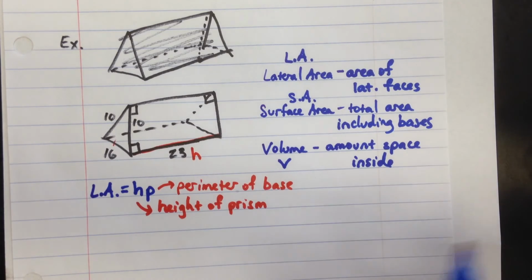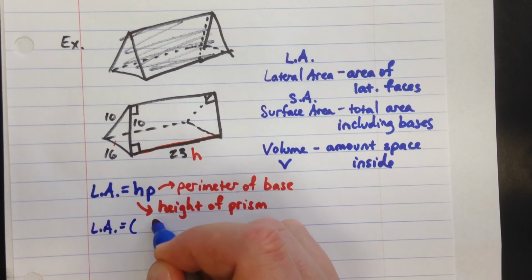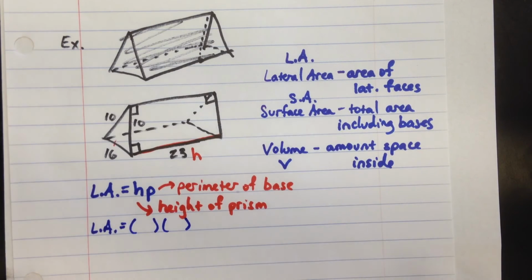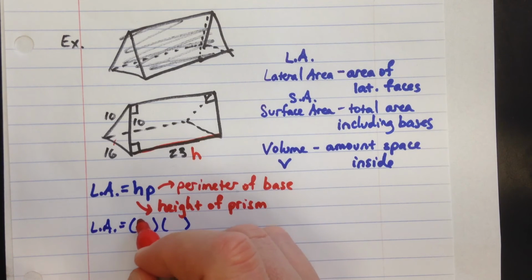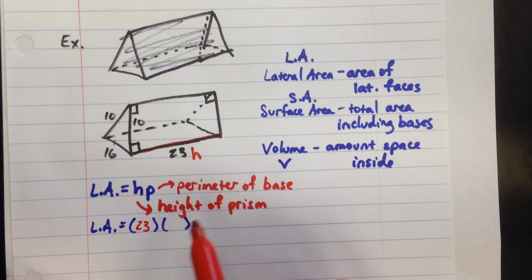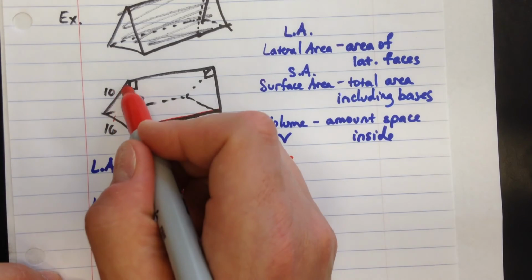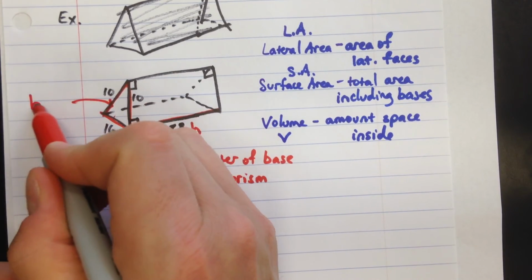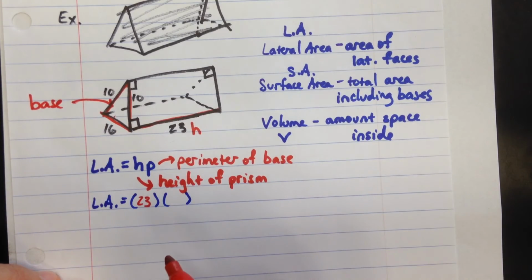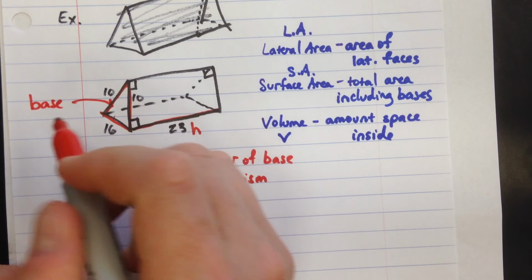Okay, so what we've got, now when I do this, I'm always going to write down the formula, LA equals, I'm going to open parentheses for my two variables. So I need the height of the prism, we got that, that's 23. Times P, P is the perimeter of the base. Well, the base is the triangle. The perimeter of that is you add up the sides of the triangle, 10, 10, 16.